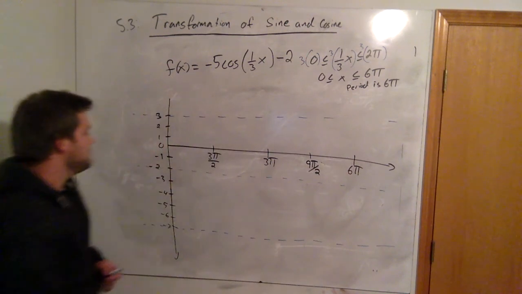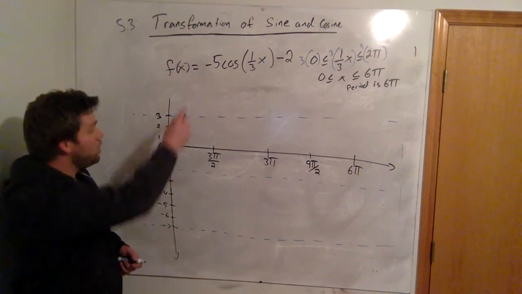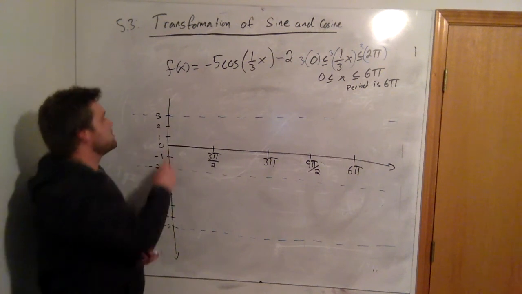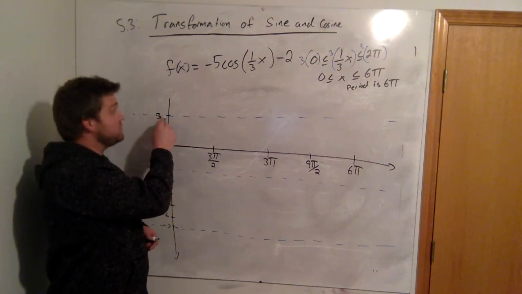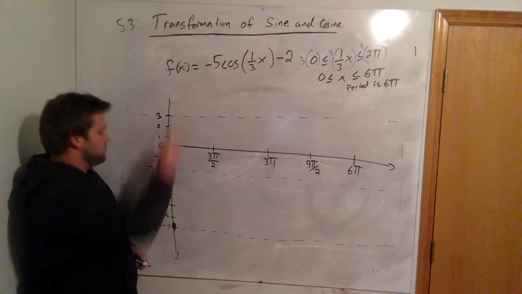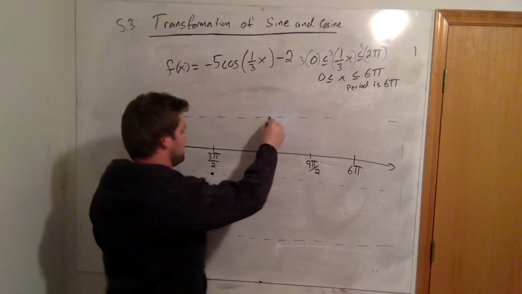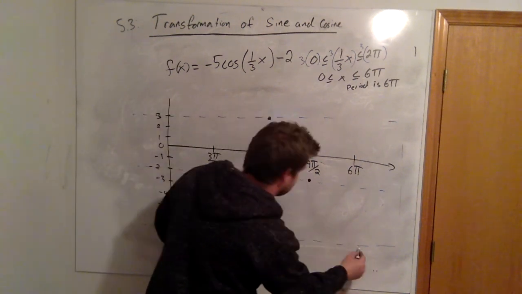Now we will figure out how to bounce off of these. Cosine will normally start at the upper part of the equilibrium, but it's now going to start at the lower part because I'm reflecting it. So I'm going to start here, and we're going to bounce around these spots.